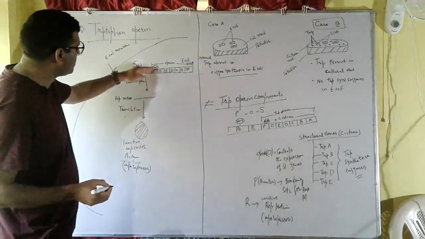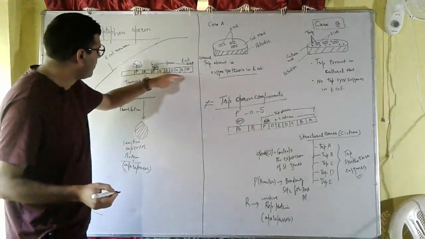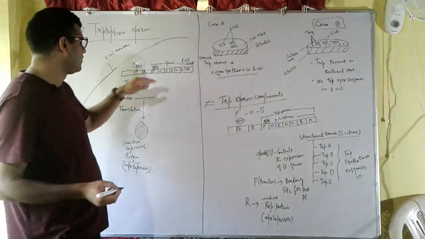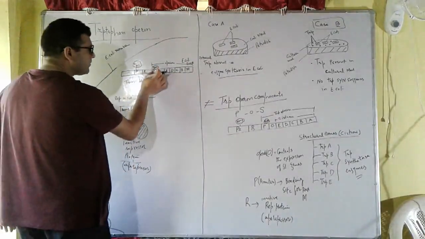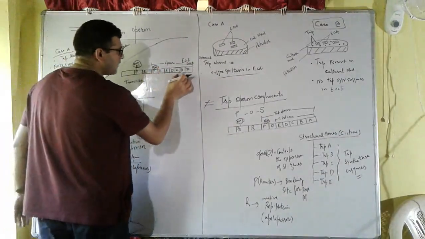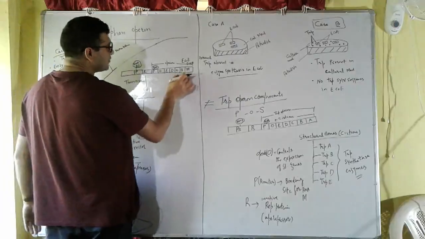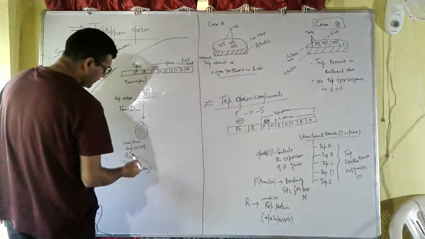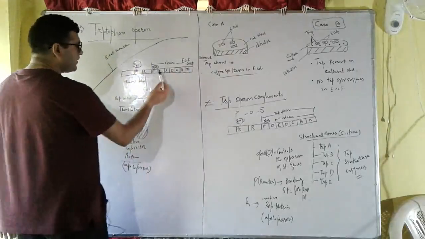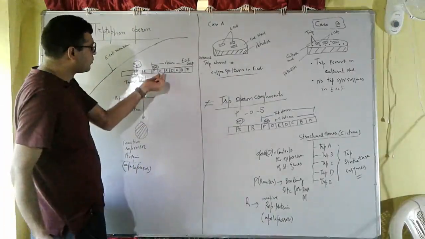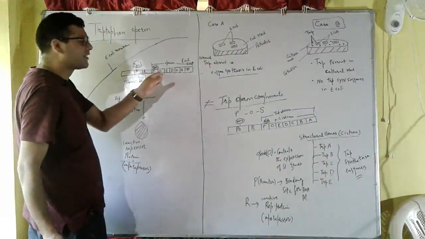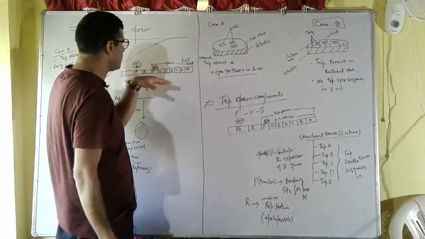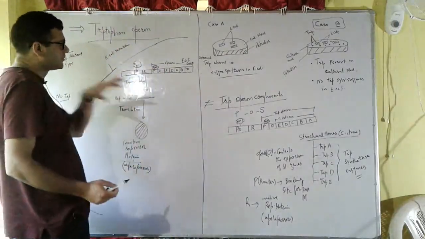Now this RNA polymerase can easily go ahead and cause the transcription of the structural genes of the tryptophan operon, because the inactive repressor protein has not bound to the operator gene. That means the operator gene is open. The road for the RNA polymerase is open, so it can easily transcribe the structural genes.